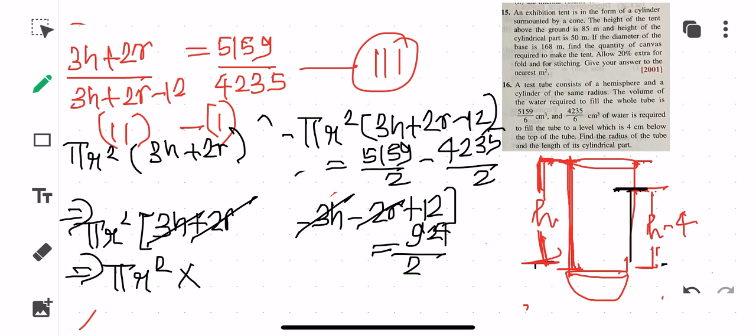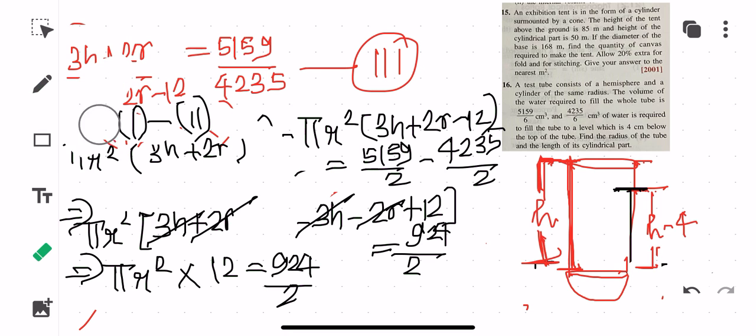Here we are doing equation 2 minus 1, no, children, here also I have written wrong. It should actually be 1 minus 2. This question is actually going very lengthy, children. So now what you are getting: πr² into 12 is equal to 924 divided by 2.